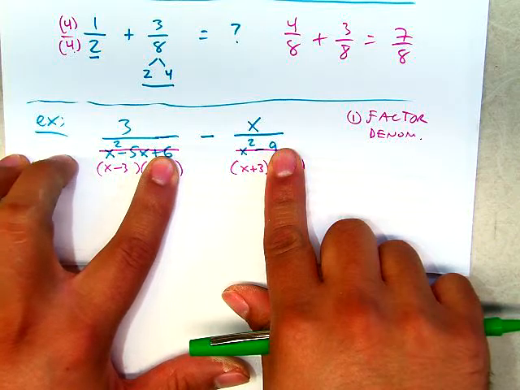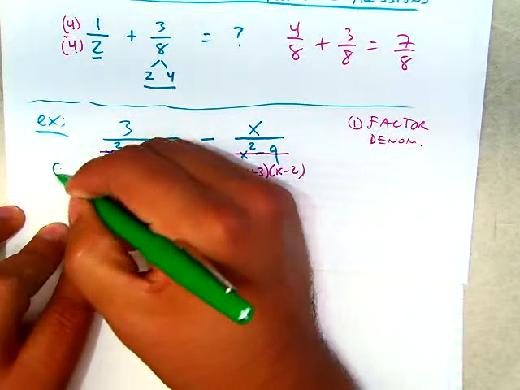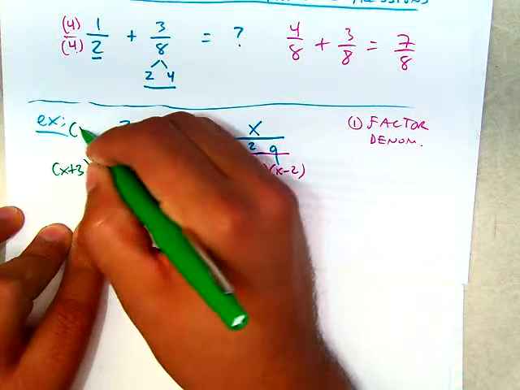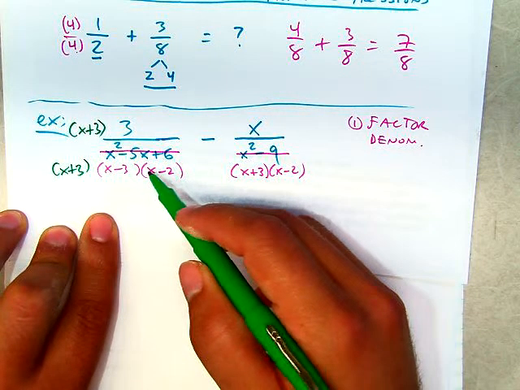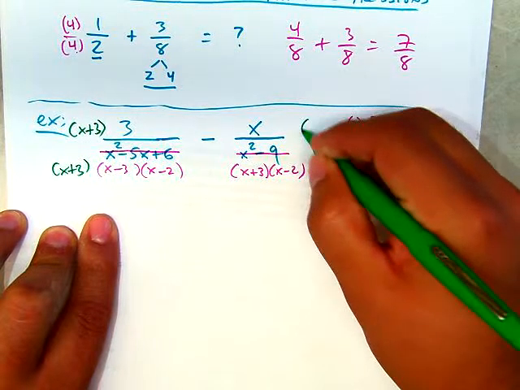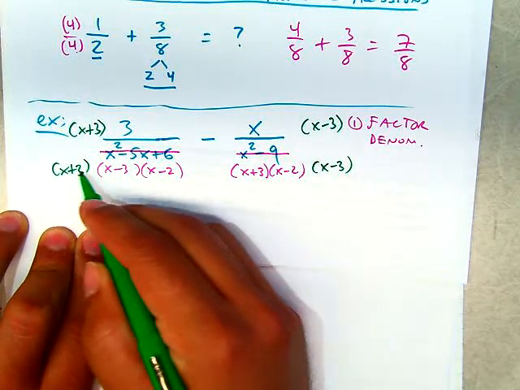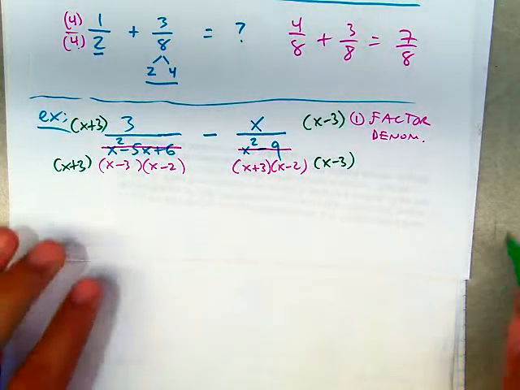What do we need in the first fraction that we have in the other one? X plus 3. And what do we need in the second one that we have in the first one? X minus 3. Good. So these 3 factors in the denominator, that's our new lowest common denominator.